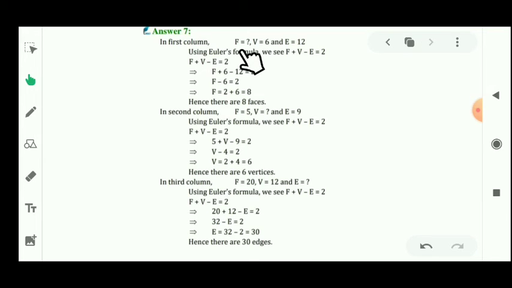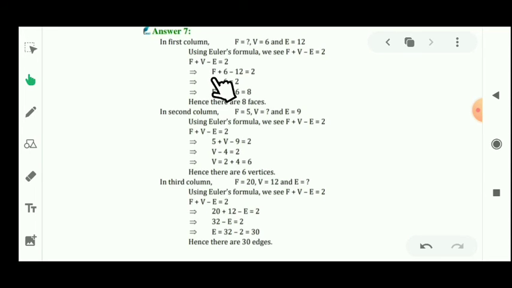Students, as we know that the formula is f plus v minus e is equal to 2. F for faces, v for vertex and e for edges. Students, now we have to put the values of faces, vertex and edges in this formula. Like we have to find out the value of the faces in this question.